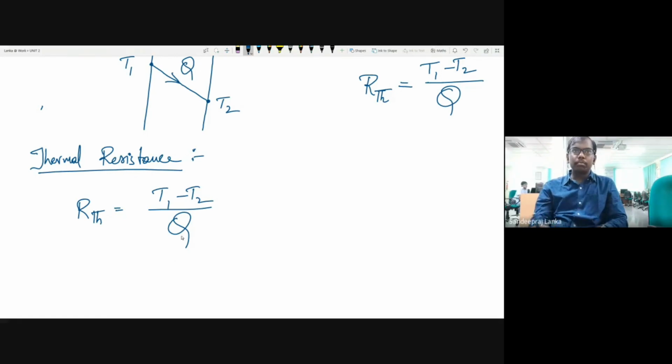Can I express this particular T1 minus T2 by Q in a different form? Without measuring any temperatures, can I find this? If I know the thermal conductivity, yes, I can find it.